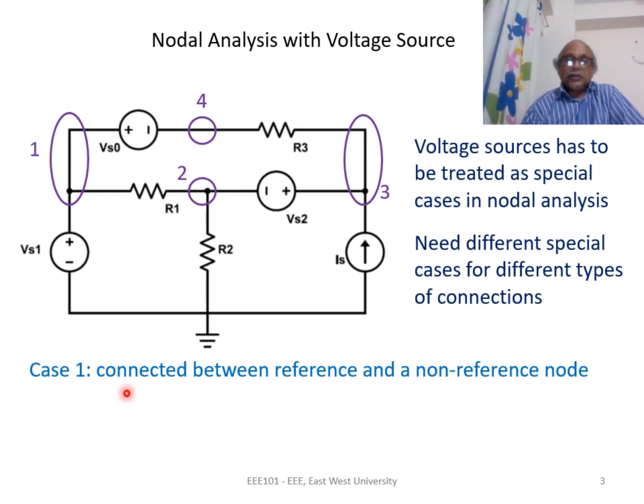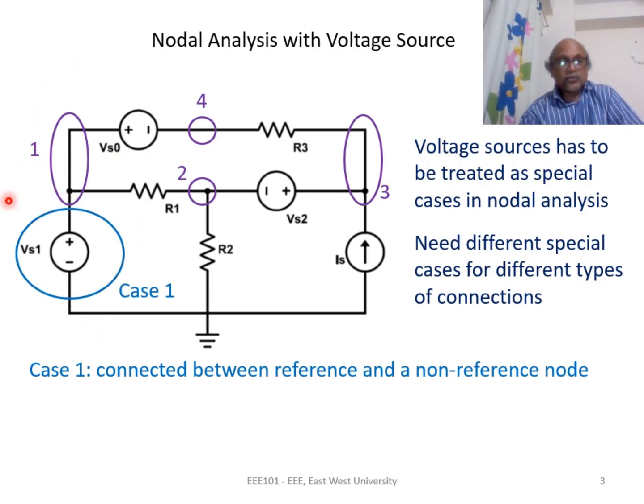Case 1 refers to a voltage source which is connected between the reference and a non-reference node. If we look at the circuit, we find that Vs1 voltage source is connected between the reference and node 1, which is a non-reference node. So, Vs1 is an example of case 1.